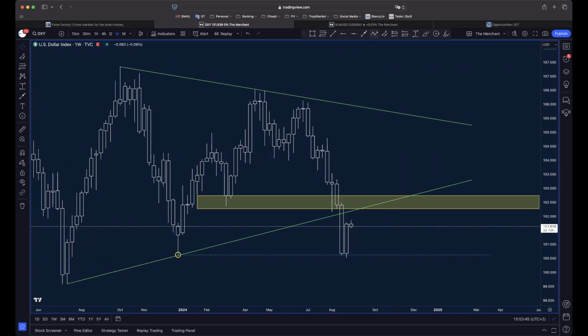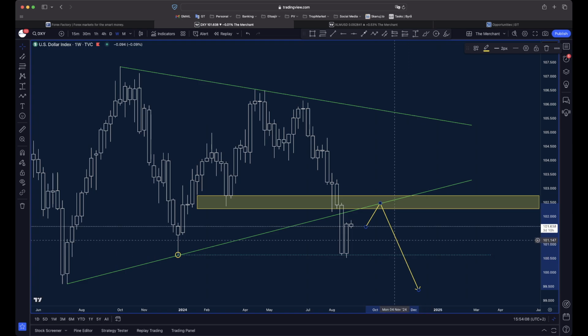Or we might see the price coming to retest the back of this trend line and also this zone. As we can see, we have support, support, support, support. Price broke below and didn't come to retest as resistance. So maybe price will come to retest this zone and the back of the trend line, and then from here move to the downside, if any.